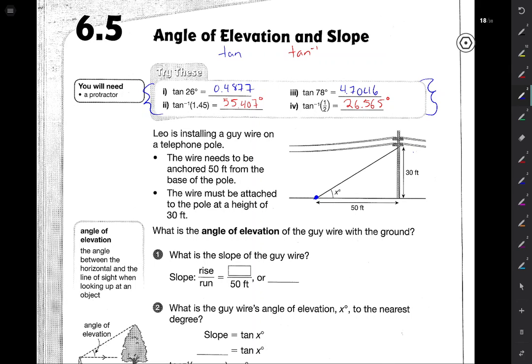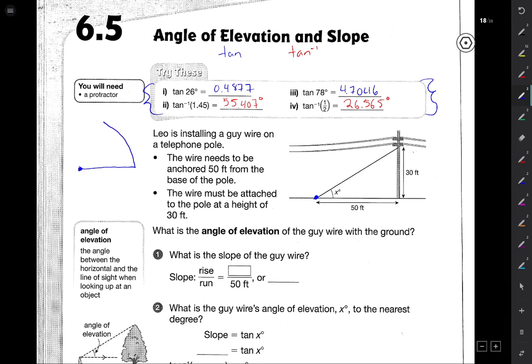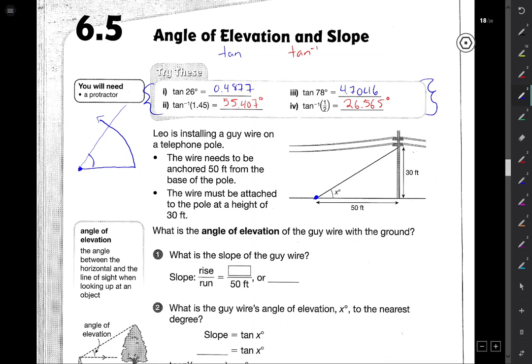Now it's asking us what is the angle of elevation of the guy wire with the ground. When we're talking about angle of elevation, you want to have a starting point, and from that starting point, you go straight horizontally out and then up. When you do that, it'll make a triangle between your horizontal line and where you went up. That angle right in here is the angle of elevation.